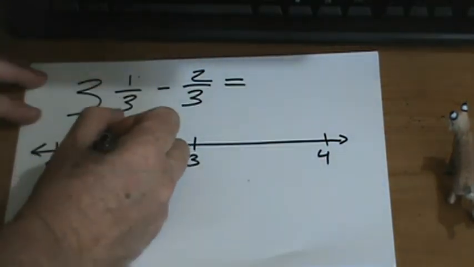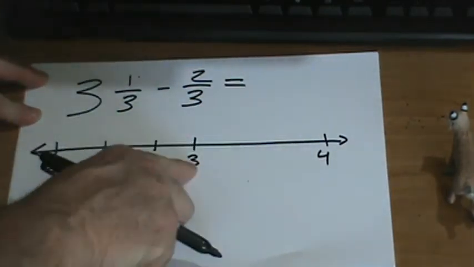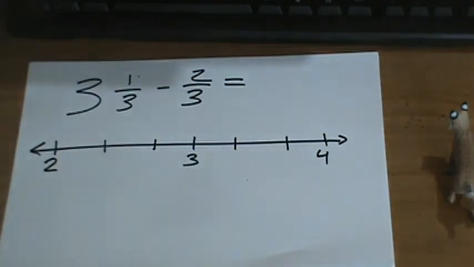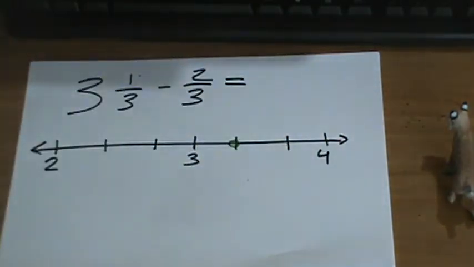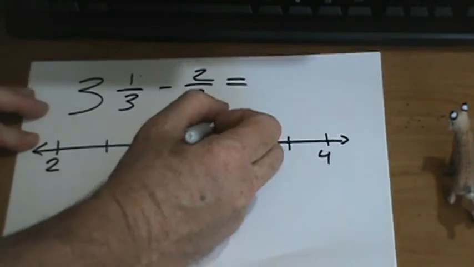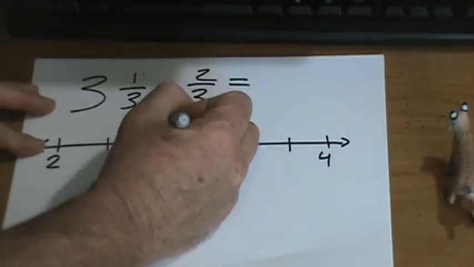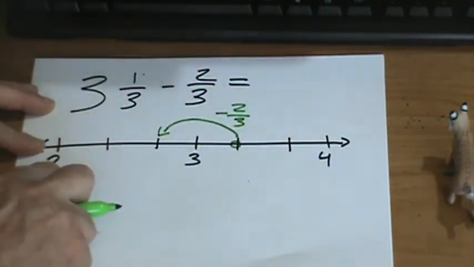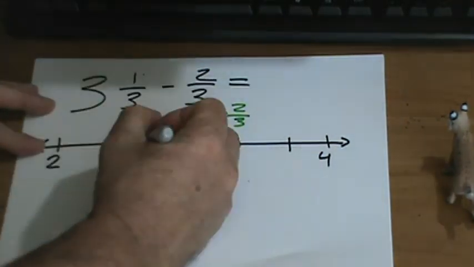Thirds, right? 2 1/3, 2 2/3, 3, 3 1/3, 3 2/3, 4. I'm starting out at 3 1/3. What am I subtracting? 2/3. 1/3, 2/3. Where do I wind up at? 2 1/3, 2 2/3.